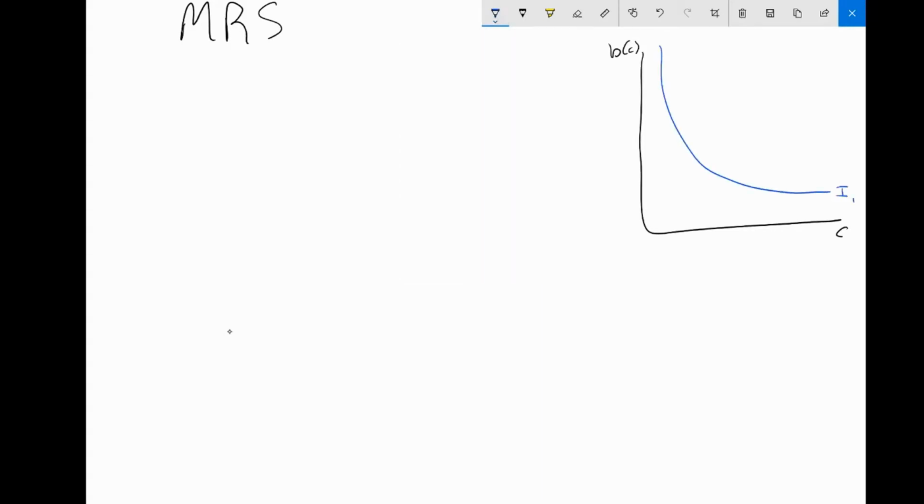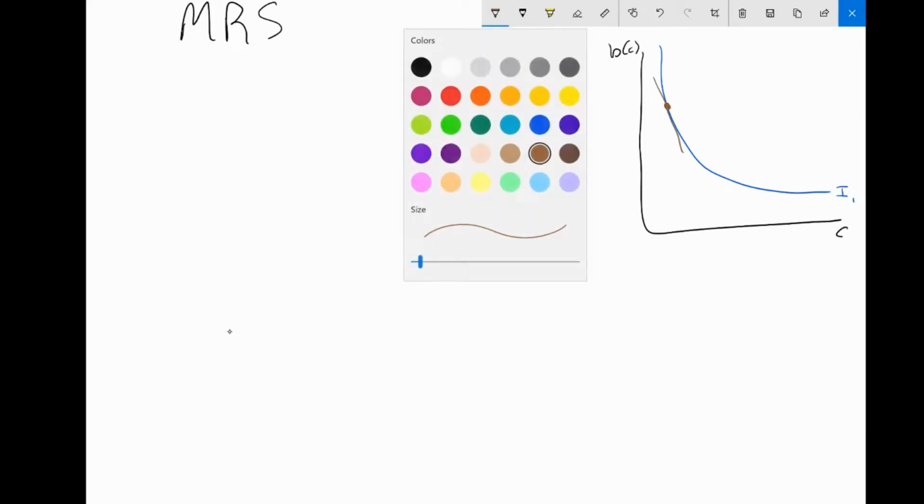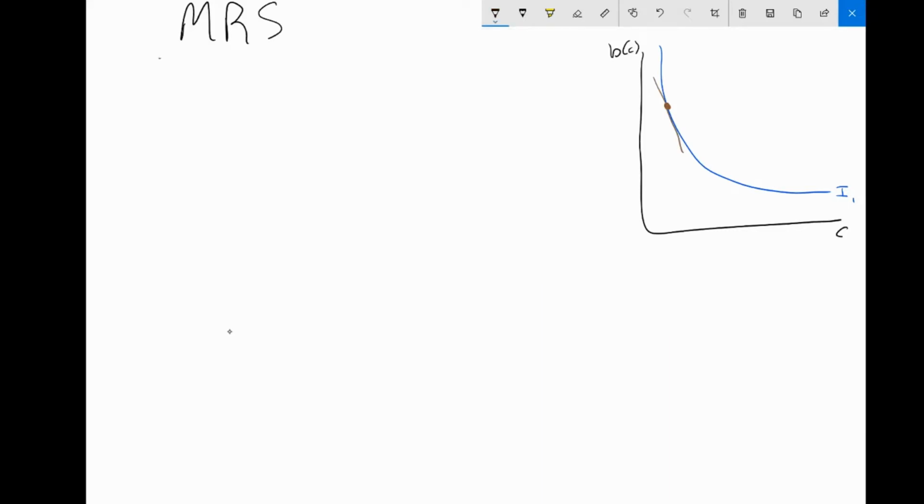The marginal rate of substitution is the derivative. So we want to calculate the derivative of B with respect to C. This is what we're looking for, and we're going to derive it. I'm just going to show you how we derive it.